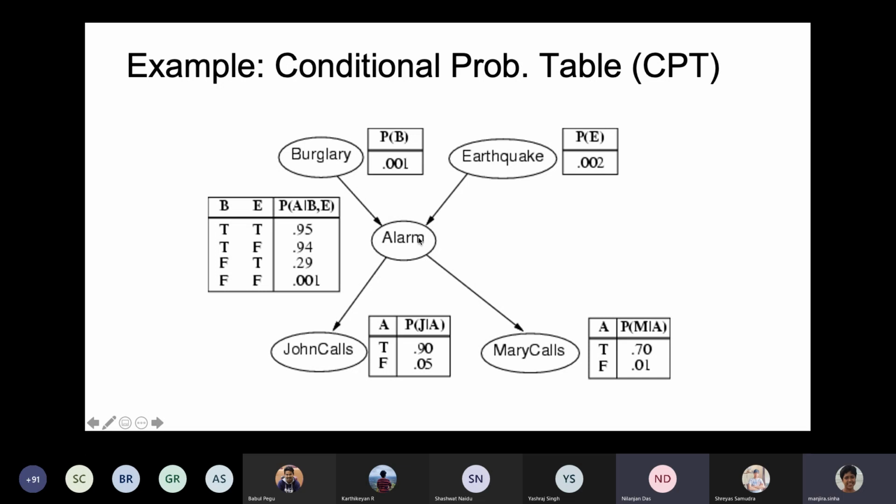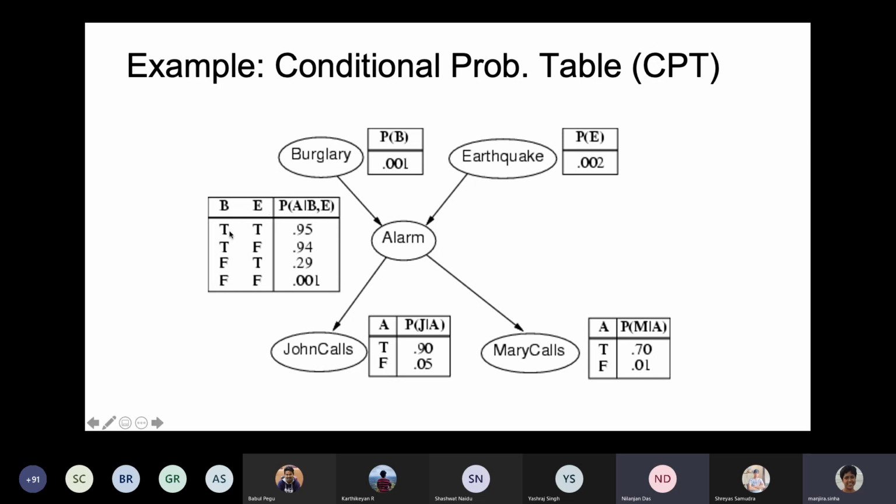Now for the alarm, we have two parents. We know that the conditional probability table gives the probability of the variable given all the combinations of its parents. So what will be the combinations for burglary and the earthquake? Now remember the Boolean tables, the Boolean logic 0, 1.